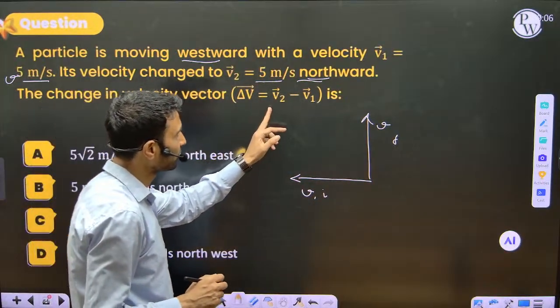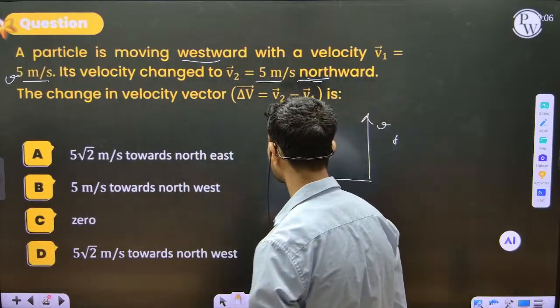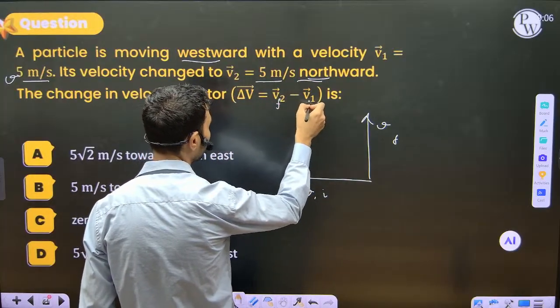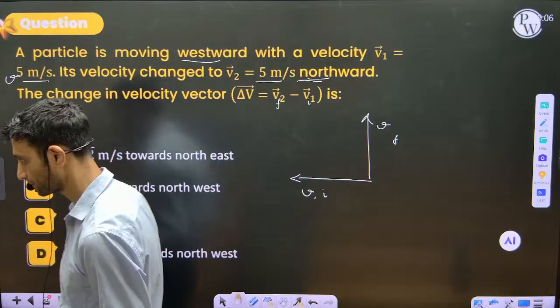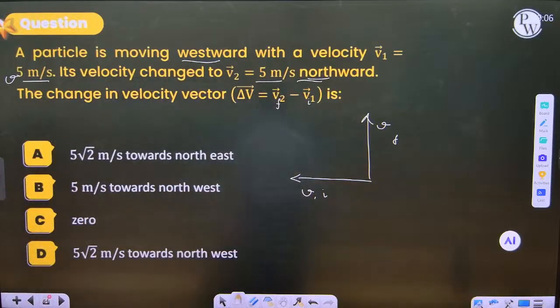And you have to find out v2 minus v1, that is, final velocity minus initial velocity, right? So let's see how we can do that.